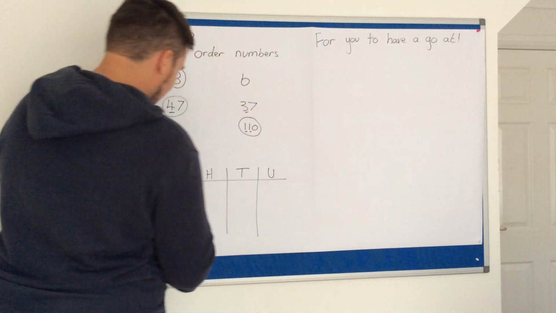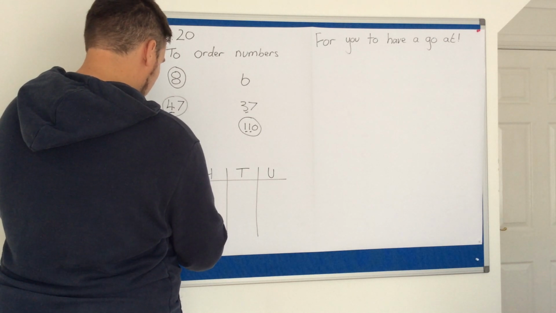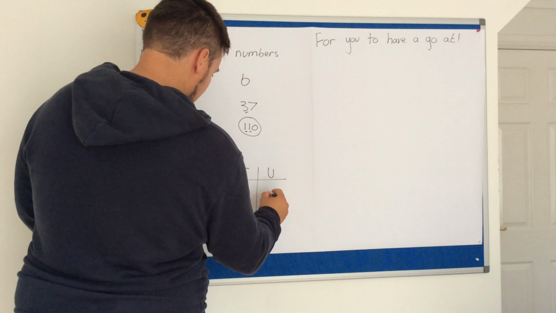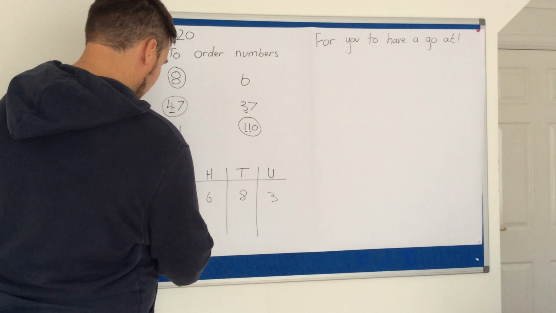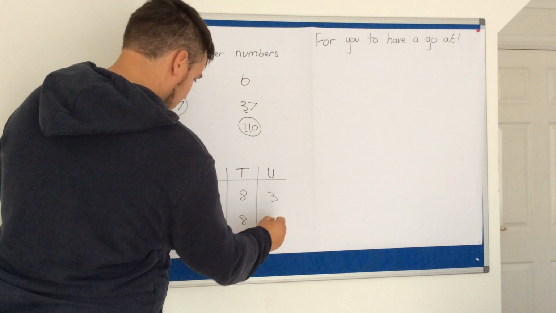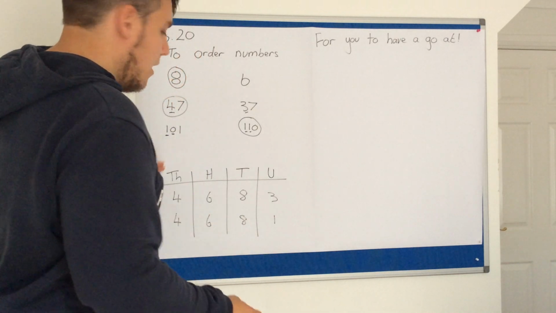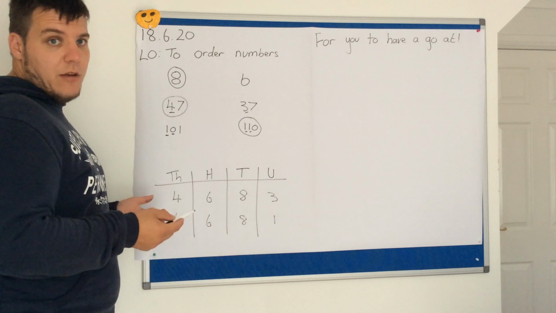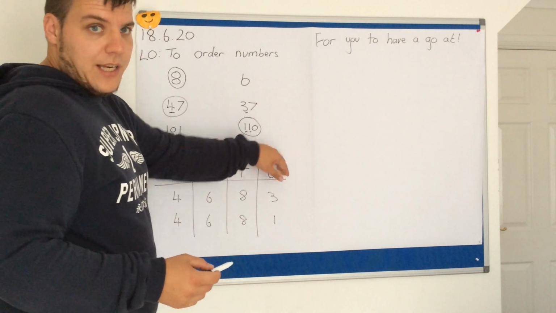If I put in my place value grid down here the number 4,683, and then underneath that I put 4,681, and I wanted to know which one was biggest, I'd start with my biggest value. If they were different, then I'd know that one's bigger than the other. If they're the same, jump down to the next value.